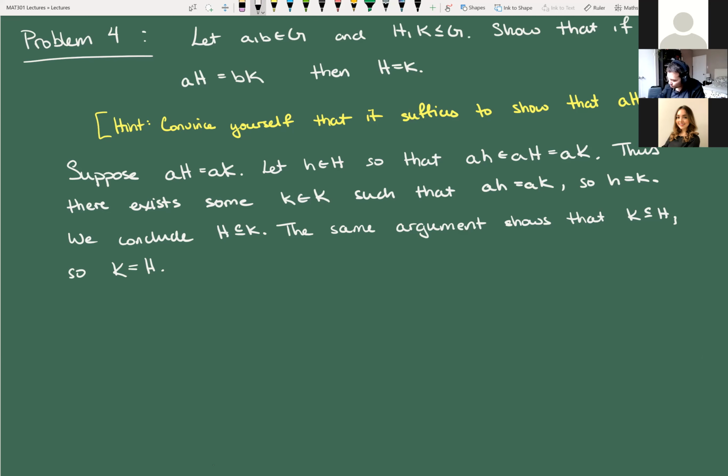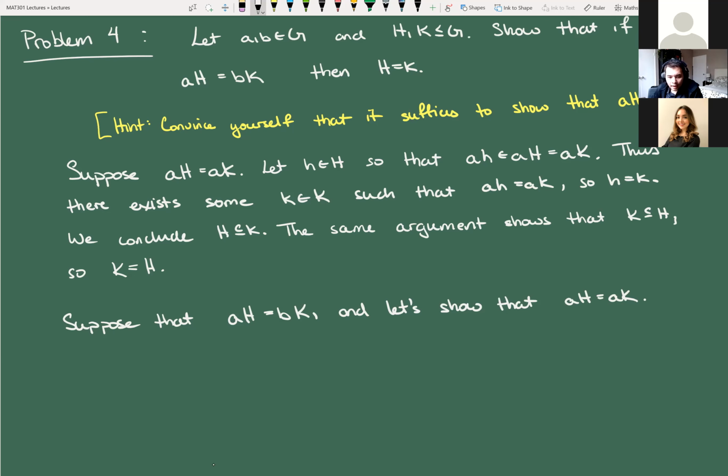So now let's prove that that's true. Now suppose that AH is equal to BK, and let's show that that means that AH equals AK.